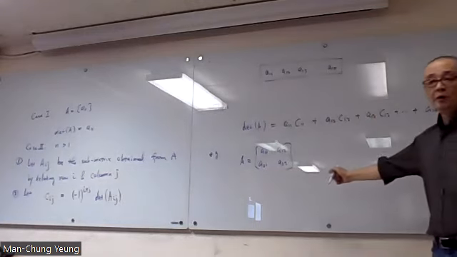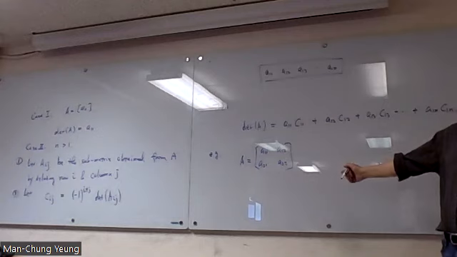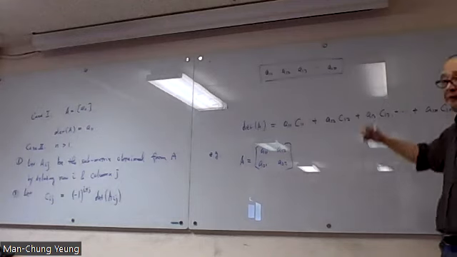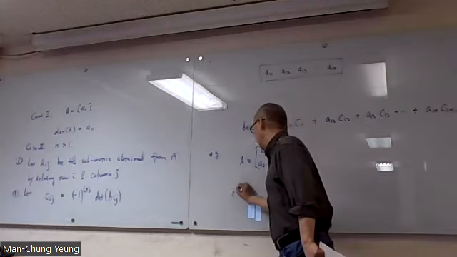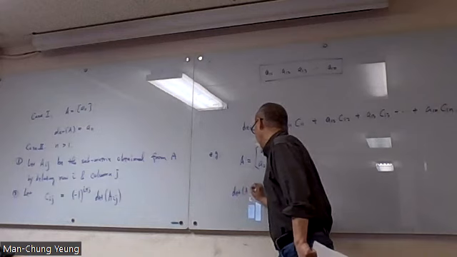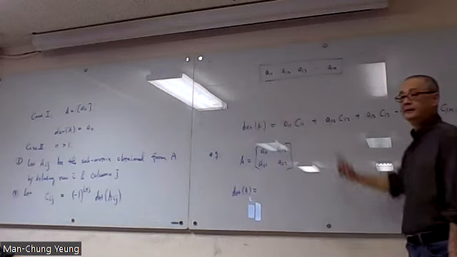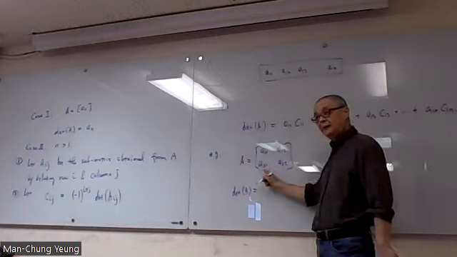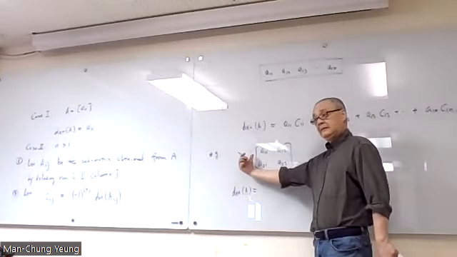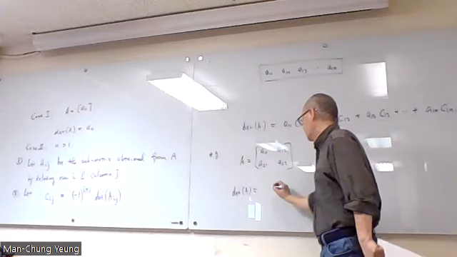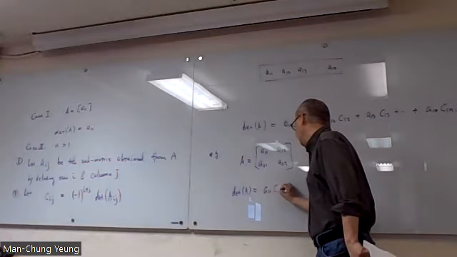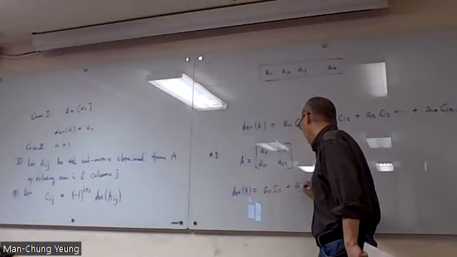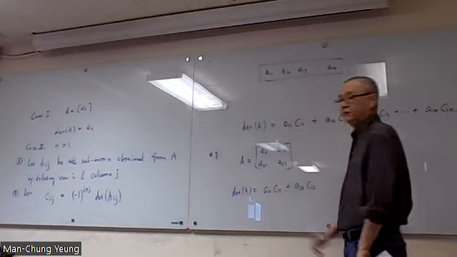I want to compute the determinant of this 2 by 2 matrix by the formula. Expand the determinant across row 1. So A11 C11 plus A12 C12.